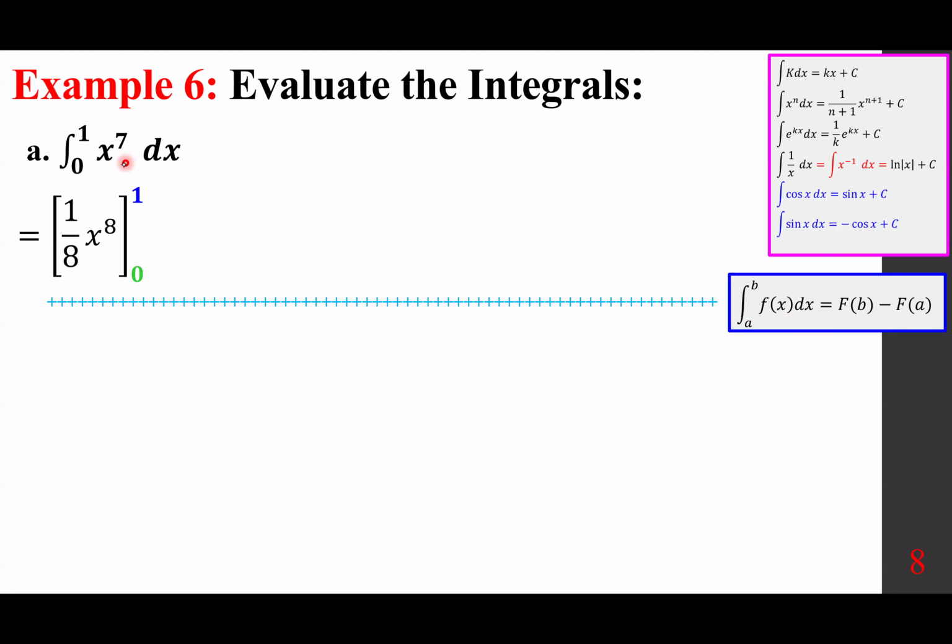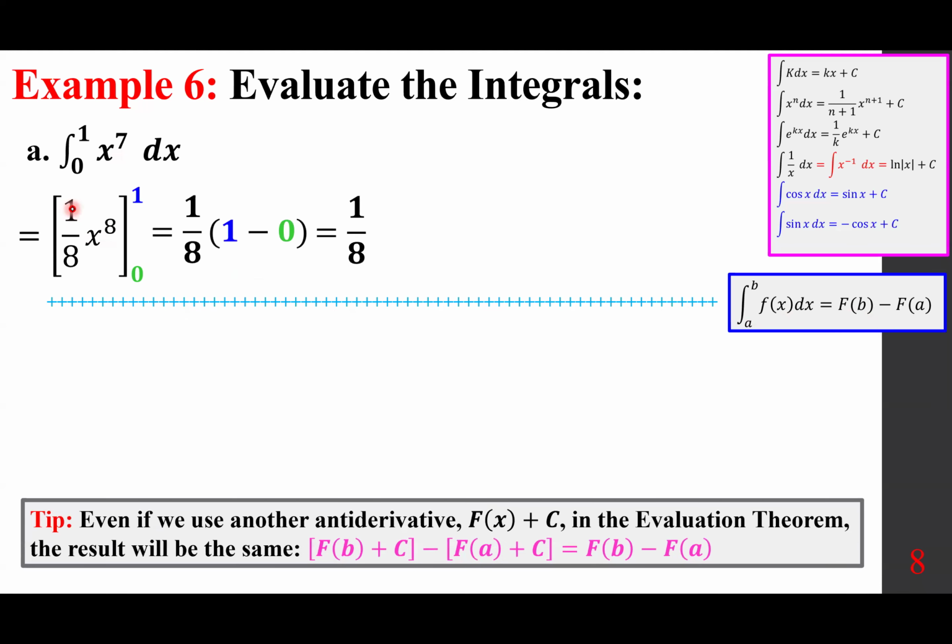And the reason we write one of them and we don't need the constant, even if we write plus c, makes no difference. 1 gives you 1, 0 gives you 0, 1 over 8 in front remains. The answer is 1 over 8, and here's the tip. Even if we use another antiderivative, capital F of x plus c, in the evaluation theorem, the result will be the same. So capital F of b plus c minus capital F of a plus c, those cancel each other, so we get the same thing back.